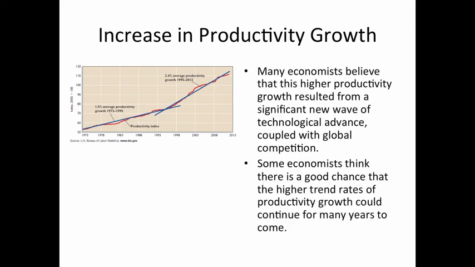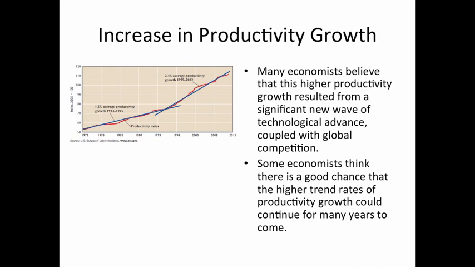So, what caused that structural break there? What caused that difference in average productivity growth over those two different time periods? Well, many economists believe that the higher productivity growth from 1995 to 2012 came from a significant new wave of technological advancement coupled with global competition. I mentioned that earlier.